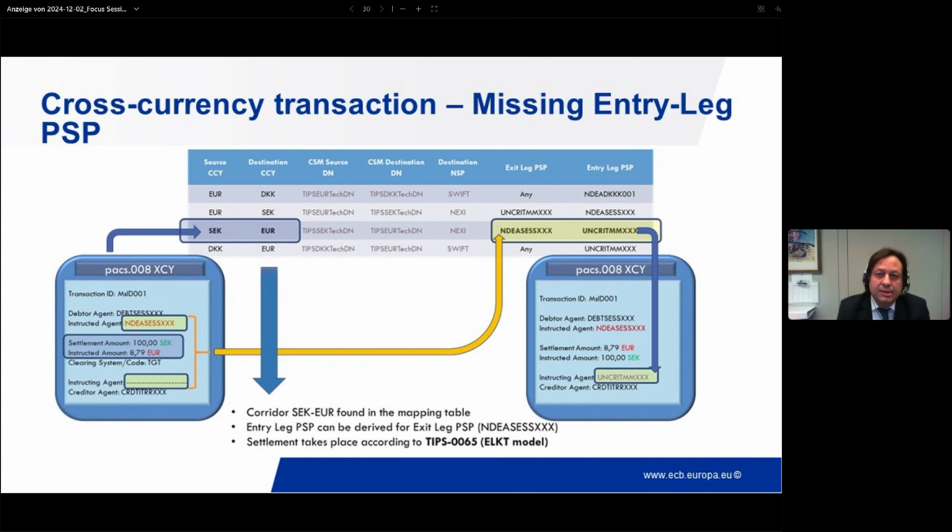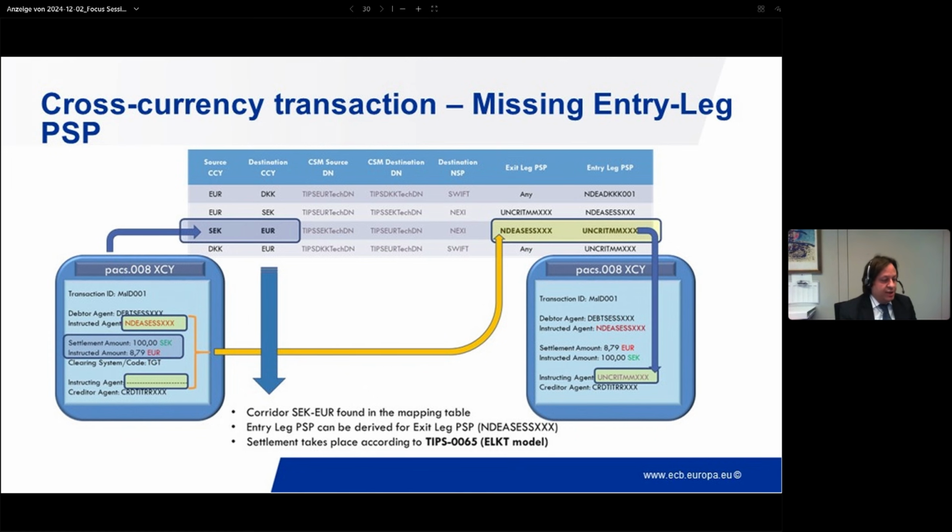So what the mapping function will do is simply to use this entry leg PSP when the payment in the destination currency is generated internally. And this will be the intermediary to whom the PAX8 will be sent for acceptance before triggering the whole process in the destination currency.